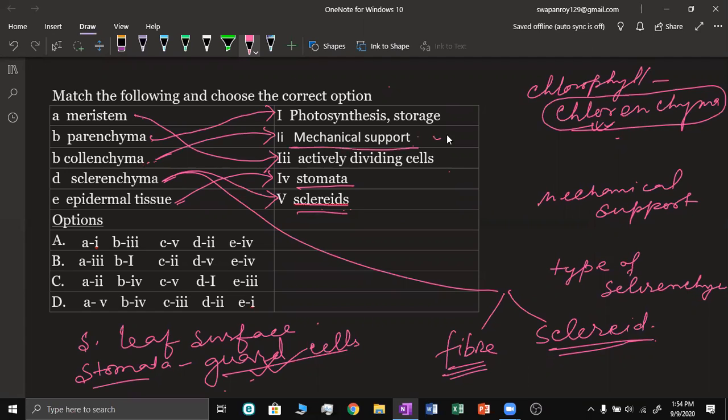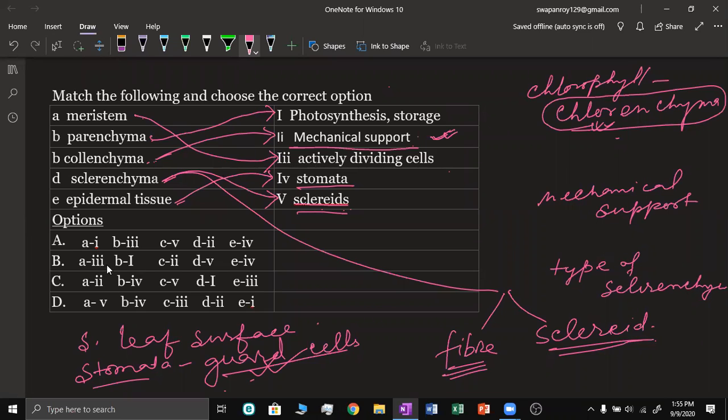Actually, in case of monocot, where this Sclerenchyma tissue is found in the hypodermis, they provide mechanical support because they have irregularly thickened wall and no intercellular space. So they can provide.